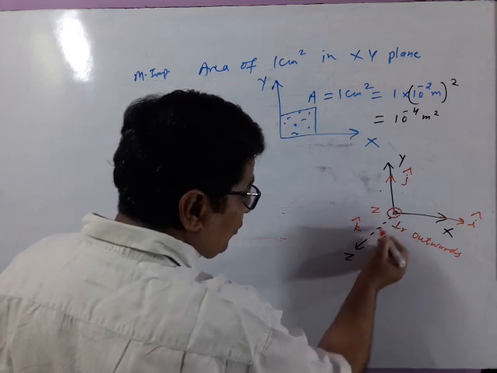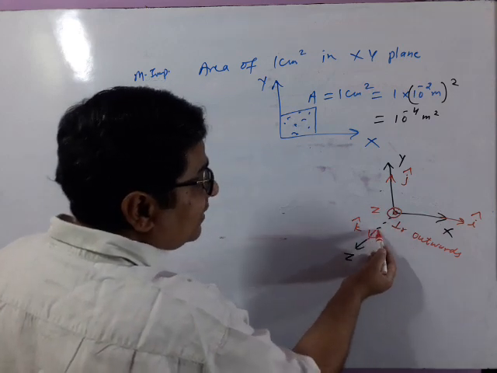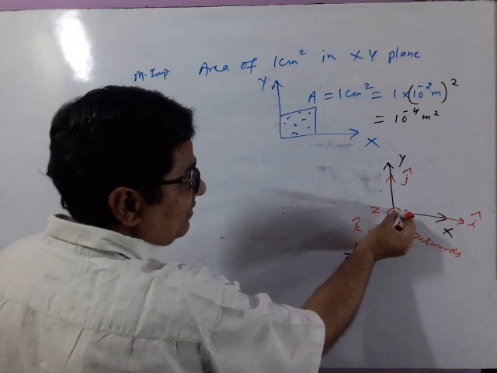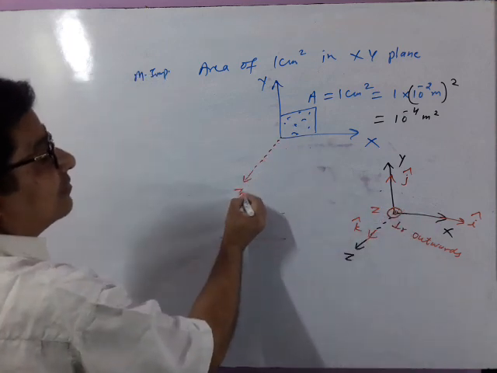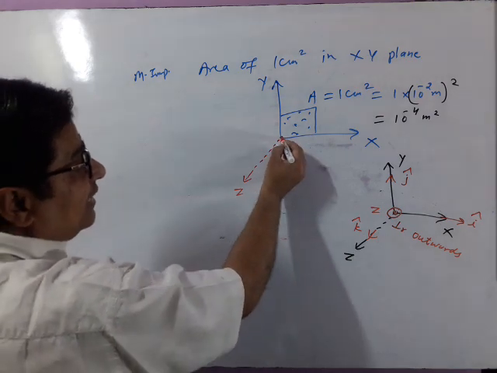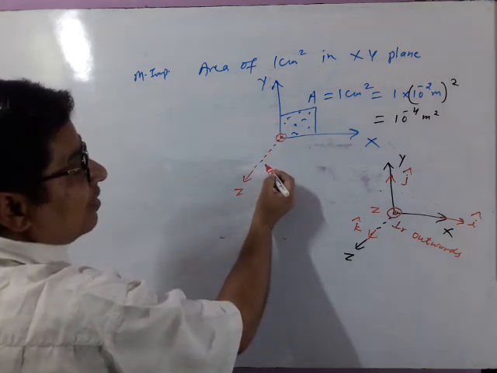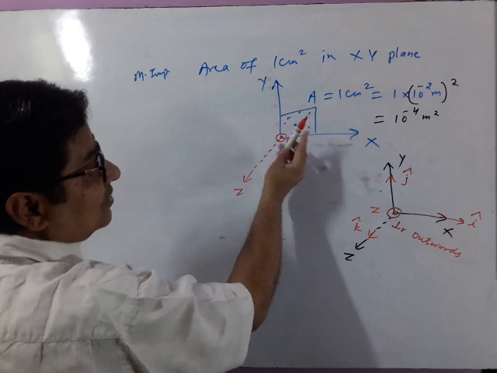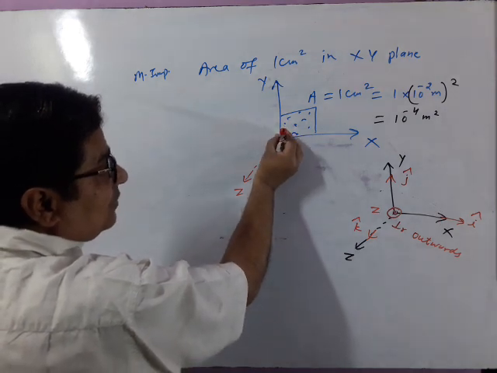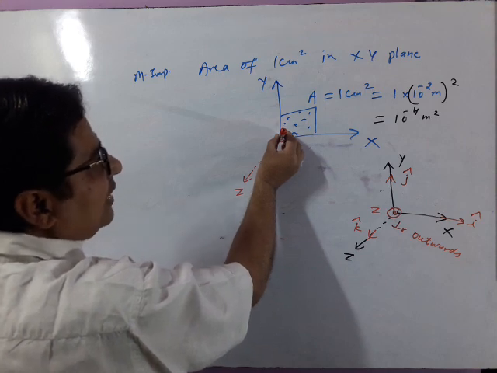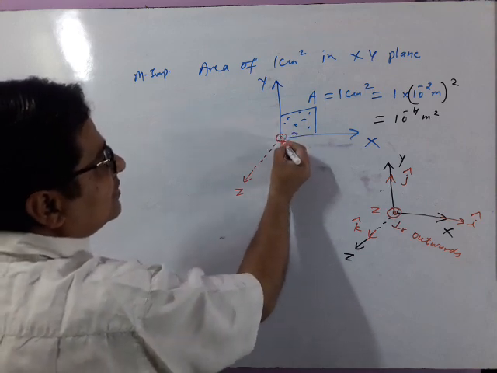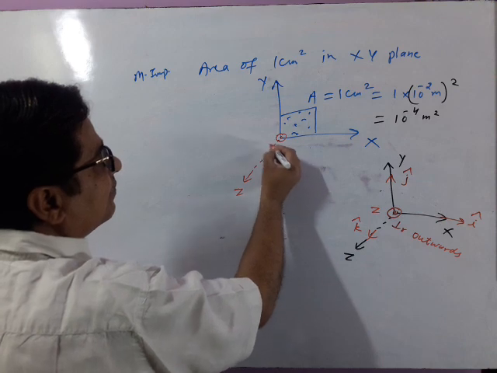You write it with a dot. A dot represents that this is out of the plane. Now this is Z. Either write with a dot or write with a cross. So this is the Z direction. See, positive Z direction as well as negative Z direction is perpendicular to this area. So as a standard we write this as n cap.